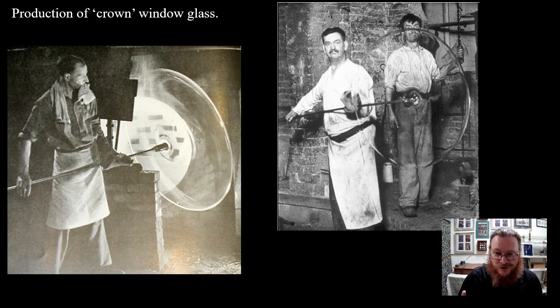And look at these two illustrations from the beginning of the 20th century, photographs of glass workers holding these huge crowns of glass. They must have weighed a ton, and it must have taken considerable strength and manual dexterity as well as skill to be able to turn the blowpipe to produce these large crowns of glass through centrifugal force.